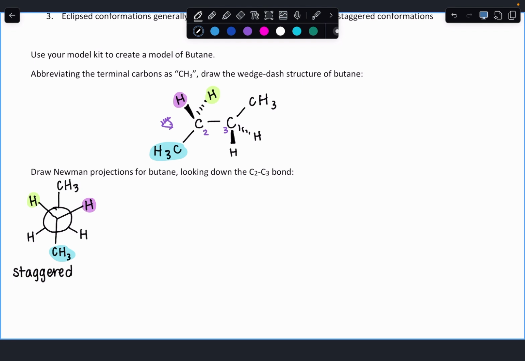We couldn't say that in ethane because all substituents are hydrogens. But when we have these two large groups, if they are oriented opposite each other, or let me show it like that, these two CH3 groups are anti.